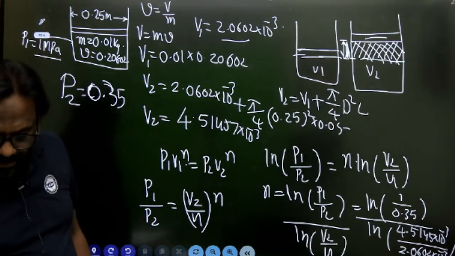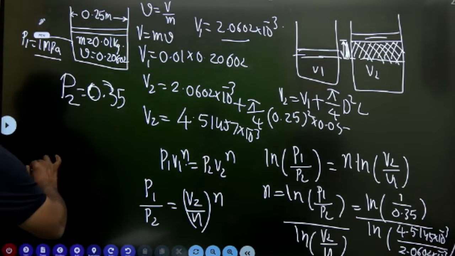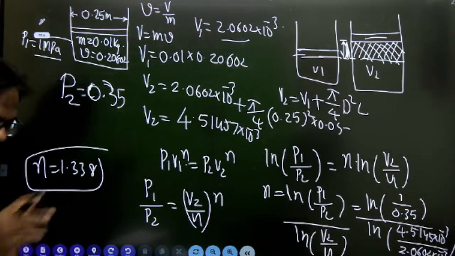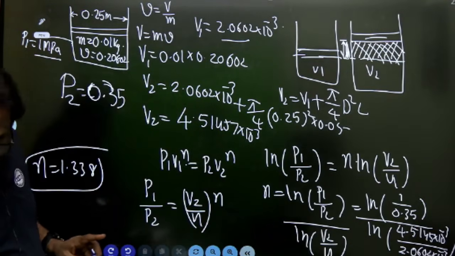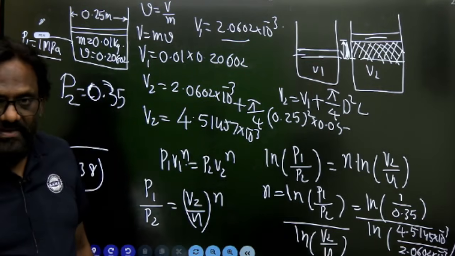Correct. So if you are calculating, you are getting the value of n as 1.338. Correct. So this completes our 17 questions.